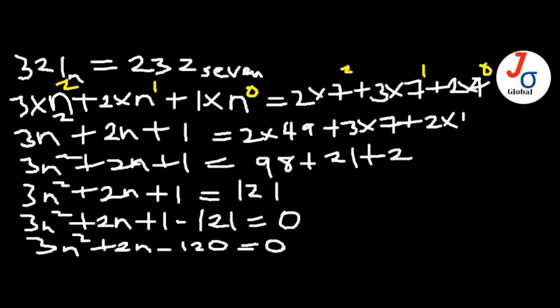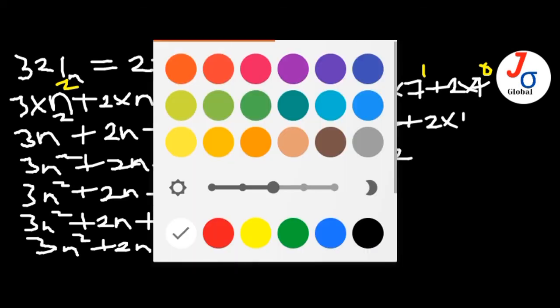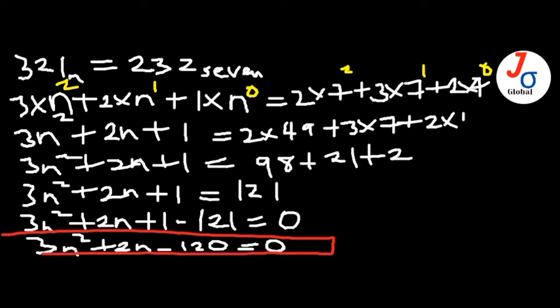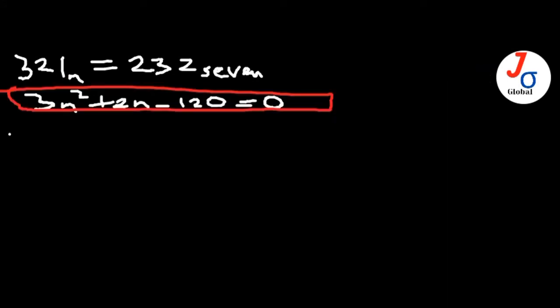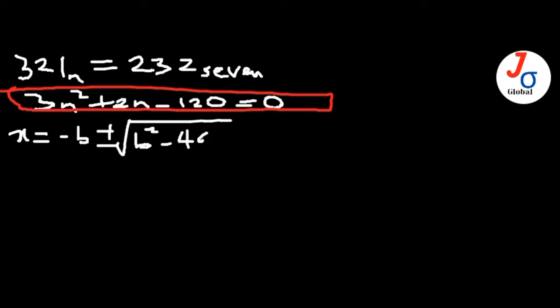So I have this quadratic equation, and how do I solve this quadratic equation? Okay, we could actually use different methods to solve quadratic equations, but let's use the formula method, and that gives us x equal to minus b plus or minus square root of b squared minus 4ac, over 2a.